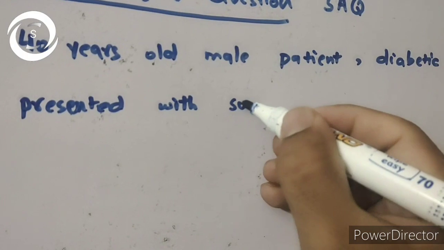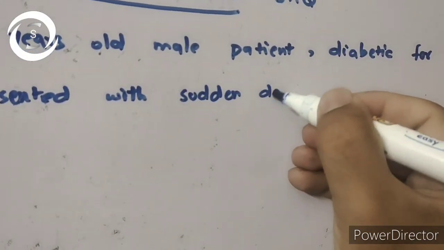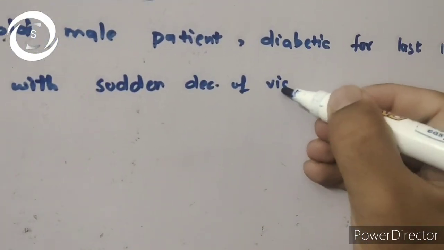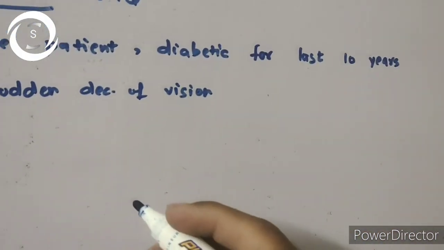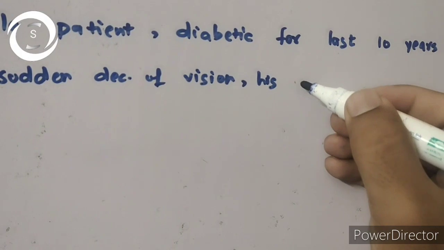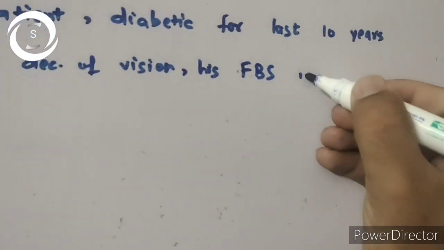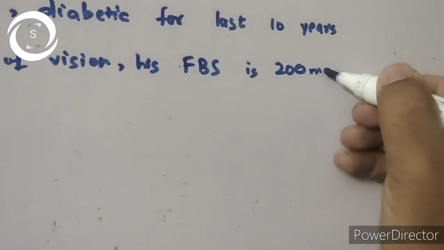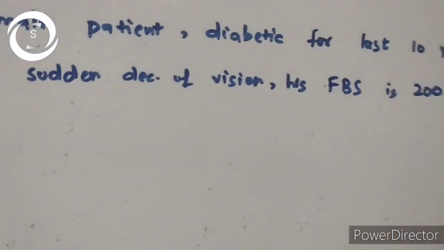Here I have given a scenario of a 40 year old male patient who has been diabetic for the last 10 years, and he came with a complaint of sudden decrease of vision, and his fasting sugar is 200, which also shows uncontrolled diabetes.